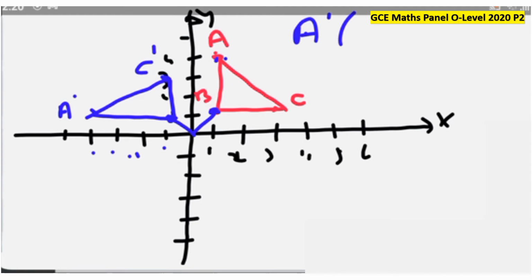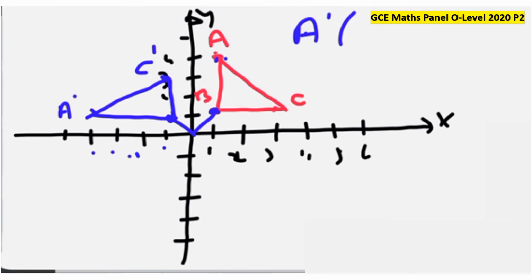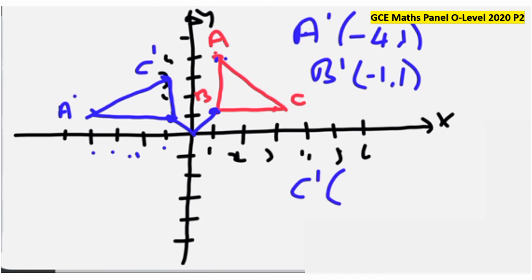A' is minus 4, 1. B' is minus 1, 1, and C' is at minus 1, 3.